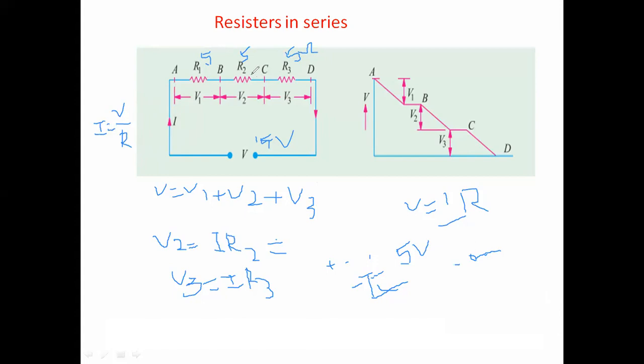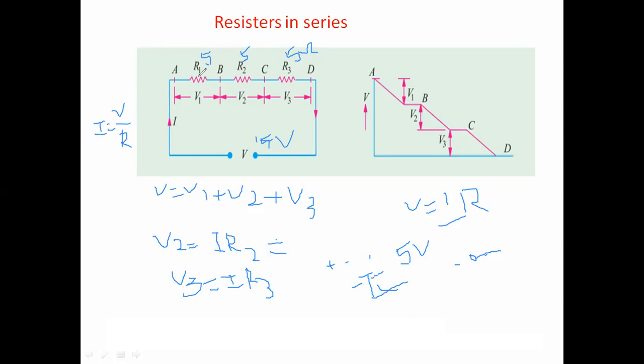But here we have 3 resistors, and these 3 resistors are connected in series. When resistors are connected in series, the total resistance becomes the sum.